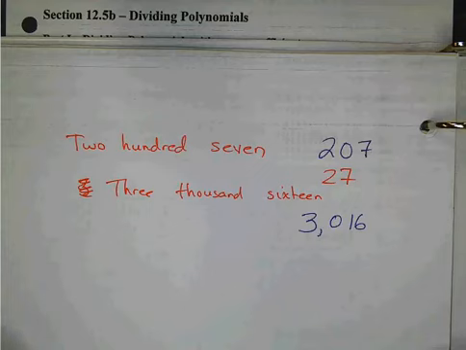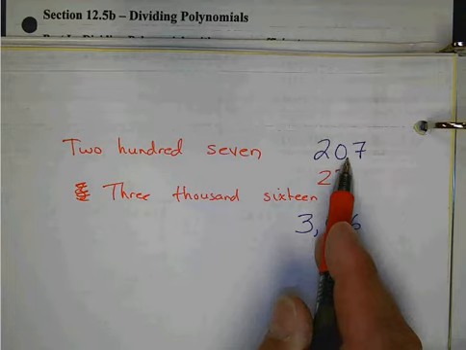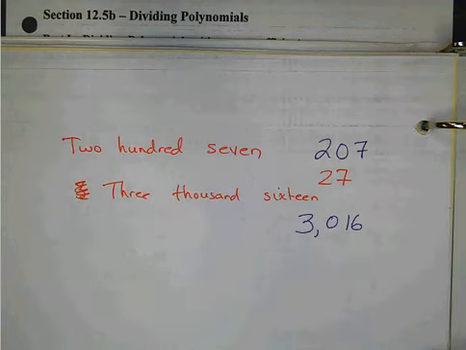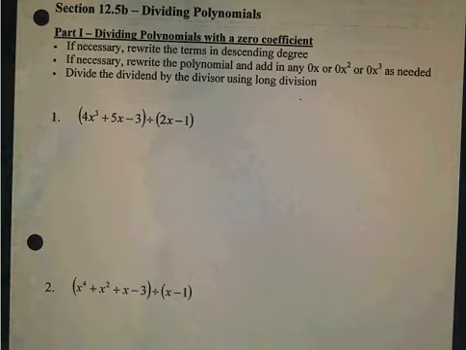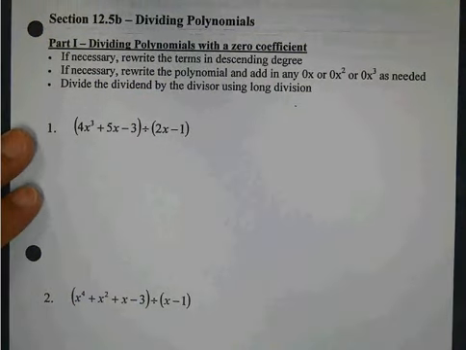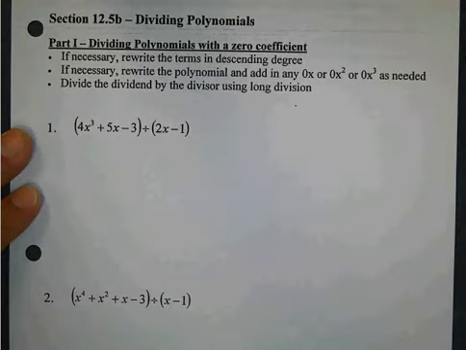All right. Why do we need that zero? What is it? It holds a value. It pushes the 2 out to the hundreds position. So with that in mind, take a look here. When we have a problem, we need to make sure that we've put a placeholder in every single position that's possible.